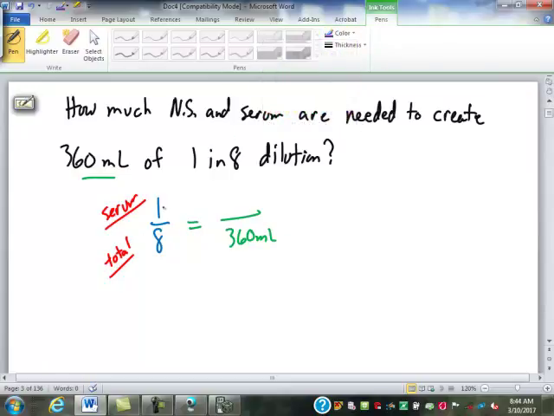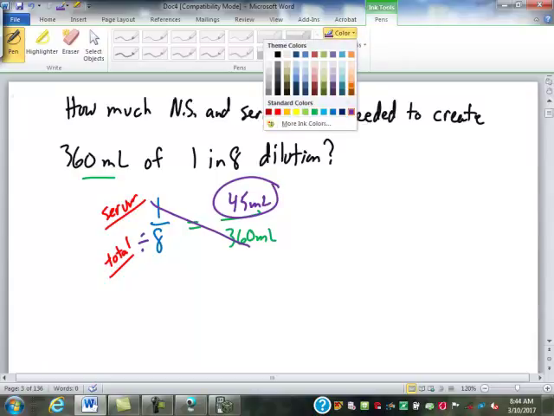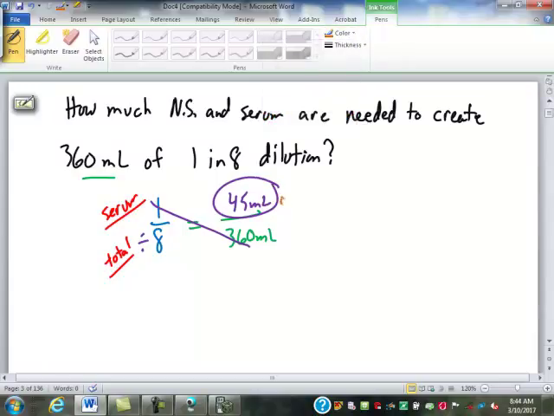So let's go ahead and cross multiply and divide. 1 times 360 is 360, divided by 8 is 45 milliliters. So it would be 45 milliliters of serum.